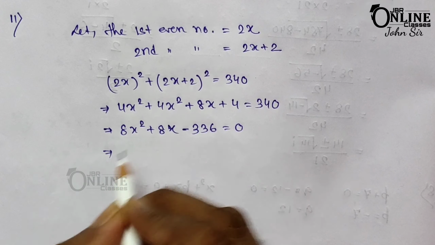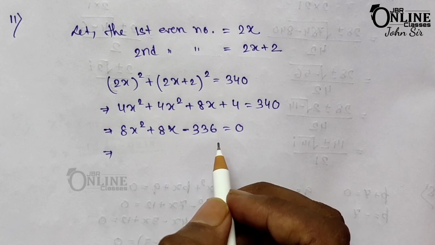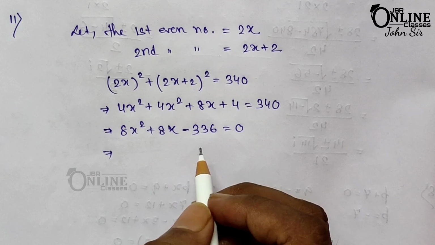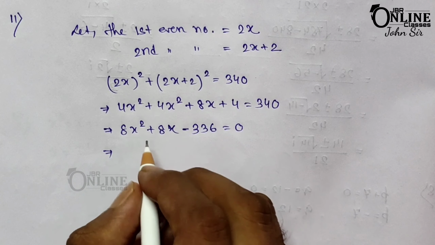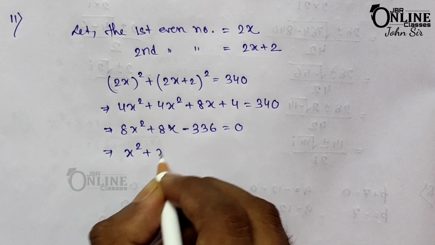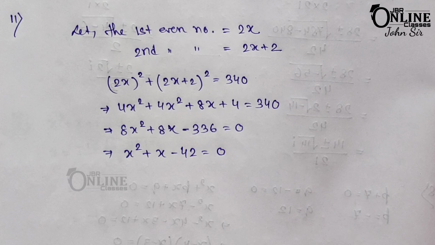So now 8x square plus 8x minus 336. Now if you divide it by 8, you will get x square plus x minus 42 equals 0.